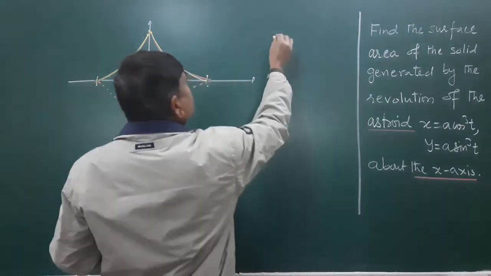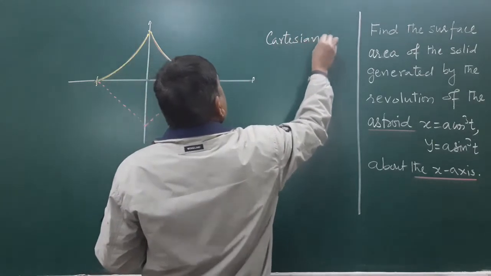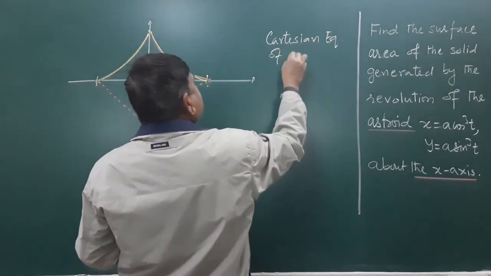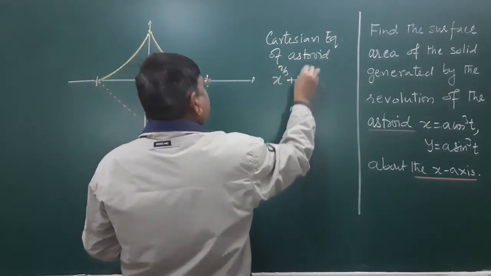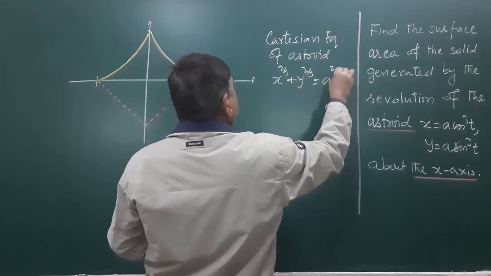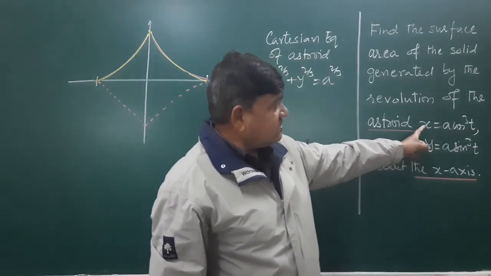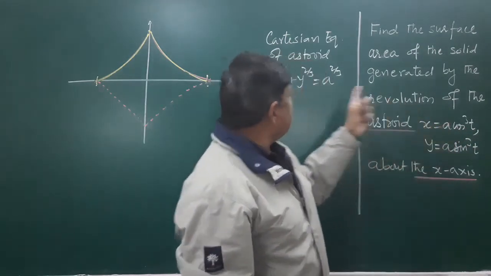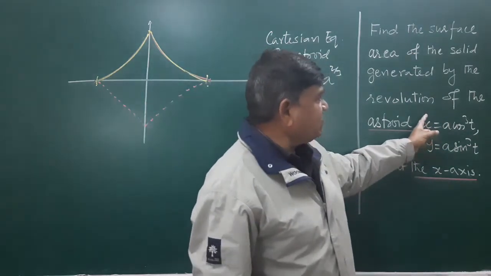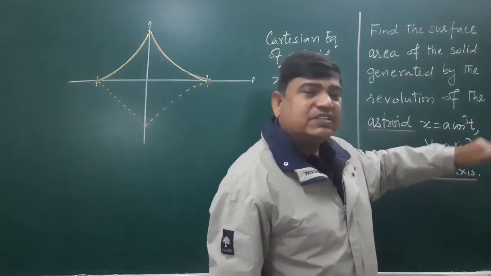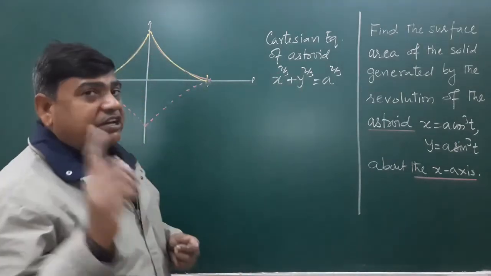Remember the Cartesian equation of the asteroid: x to the power 2 by 3 plus y to the power 2 by 3 equals a to the power 2 by 3. If we eliminate t, cubing this equation we find the 1/3 power, so x to the power 1 by 3 will be cos t, then squaring and adding, we find x to the power 2 by 3 plus y to the power 2 by 3 equals a to the power 2 by 3.